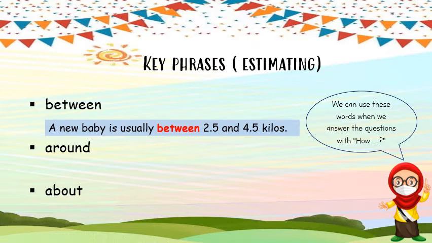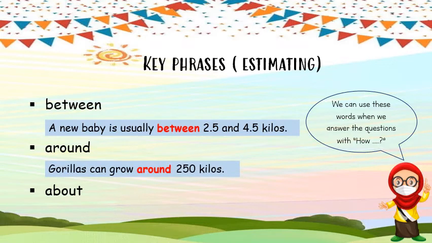Another example that we can use: the height of students of 5 Topaz is between, berapa? Jumlah, sebab bukan semua orang ada ketinggian yang sama. Next, around.